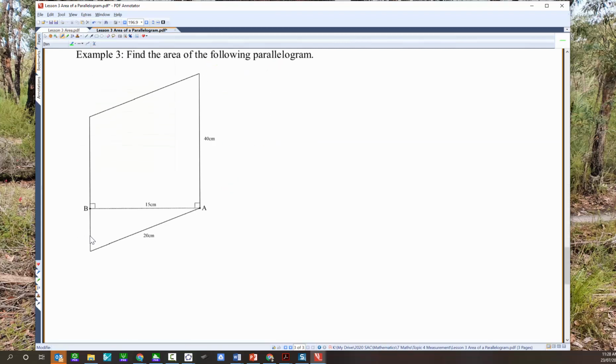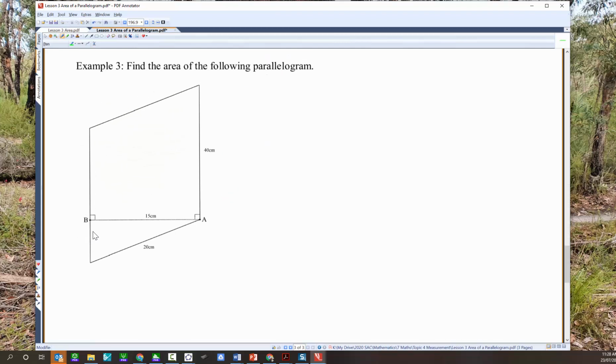Right, the final example is this one here. So find the area of the following parallelogram. So we've got area equals the base times the perpendicular height. All right, now if this is the base, then the height will run perpendicular to the base at right angles too. And notice that there's no measurement for that one. It's not included. Okay, so in fact, let's treat this measurement here as the base, which means the height will be this.